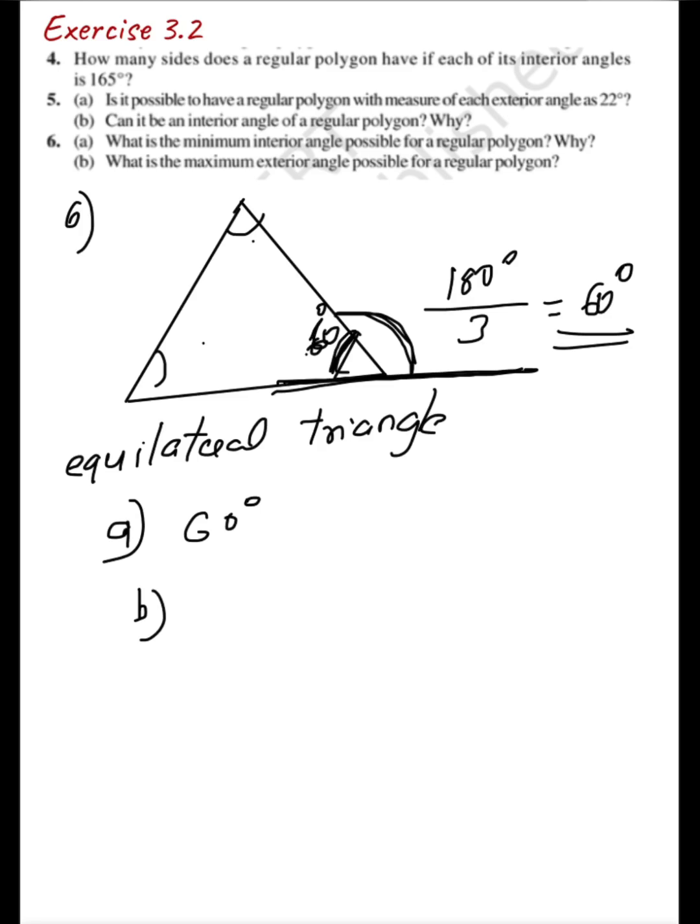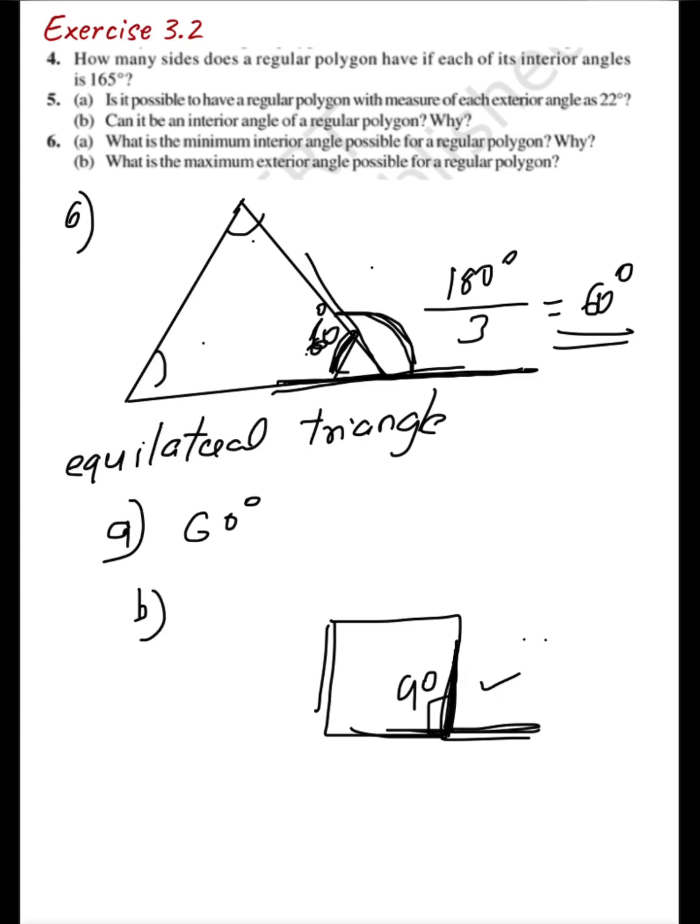Understand? Okay, if you are considering this square, then you can see that this is 90 degrees. So what happened when the interior angle increased, what happened to the exterior angle? It got decreased. That is, here it was this much angle, but when it got 4 sides, what happened? This exterior angle got decreased.